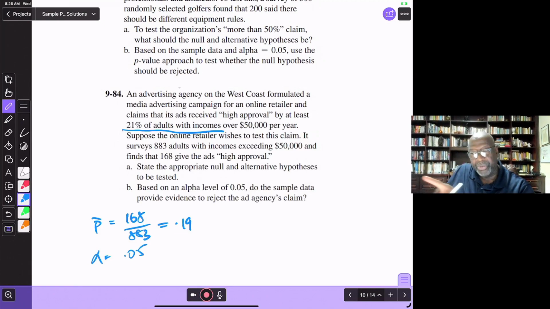So that's going to be a one-tail test, at least 21, one direction. Not that it differs from 21%, but at least 21. So 21, 22, 23, 24, 25, that's a particular direction. So this is going to be a one-tail test, which means that our critical value will be based on 5% in the tail, 1.645. You could actually check that out yourself.